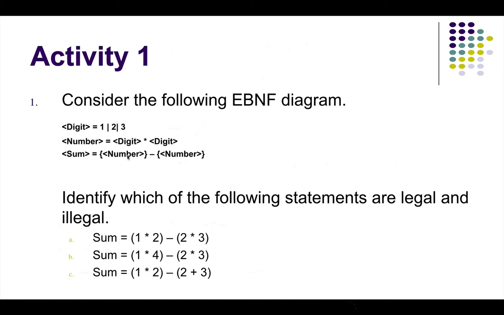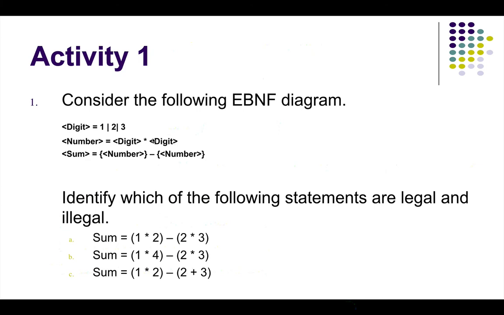I don't know what number means in sum. I have no idea what number means. So in this EBNF statement, it also tells me what number means. It says a number is a digit multiplied by a digit. That's a number. So a number can be a digit multiplied by a digit.